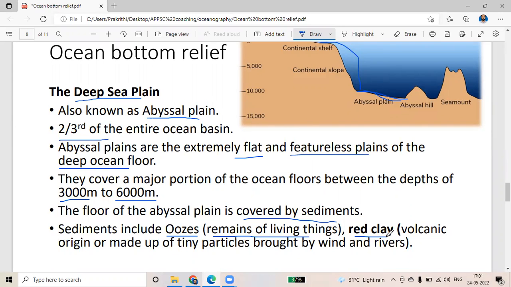So these are the major sediments visible in the deep sea plain or the abyssal plain.